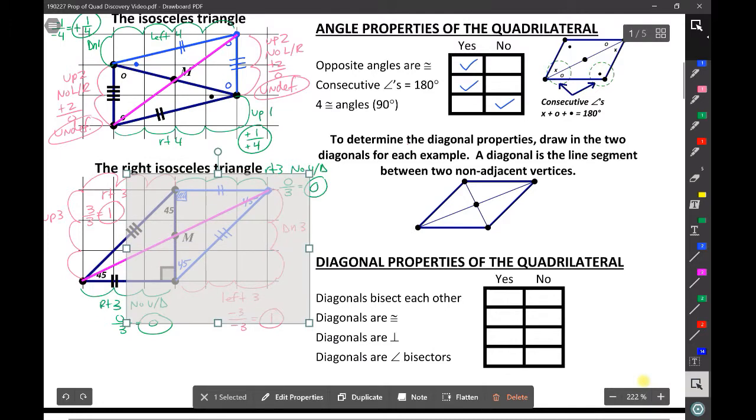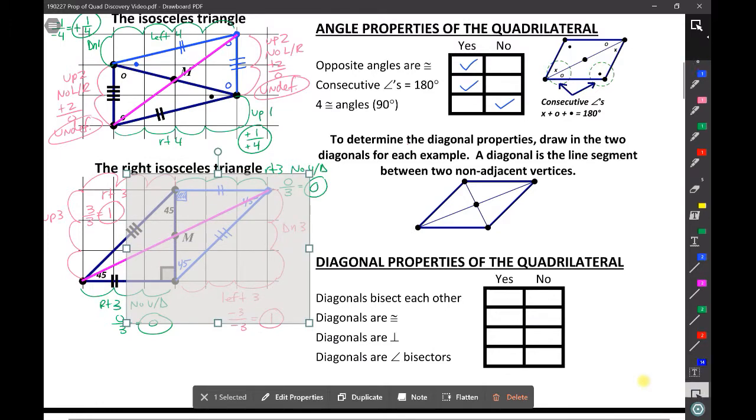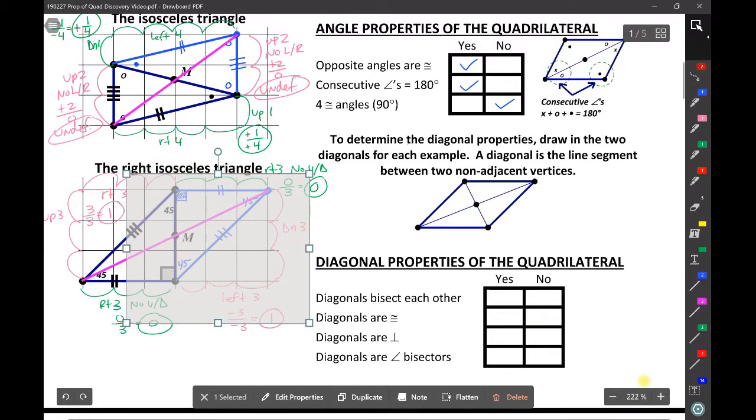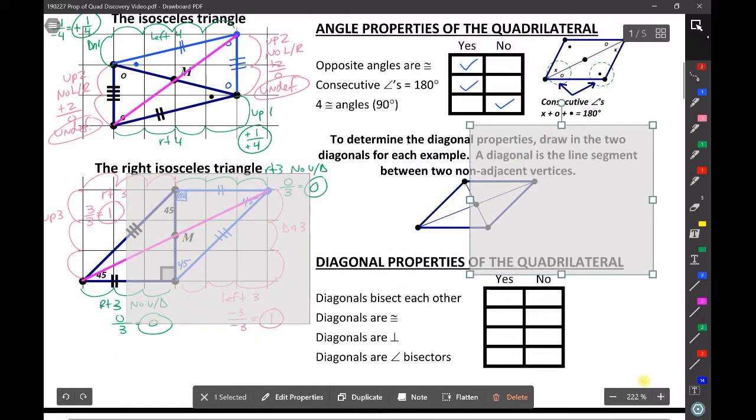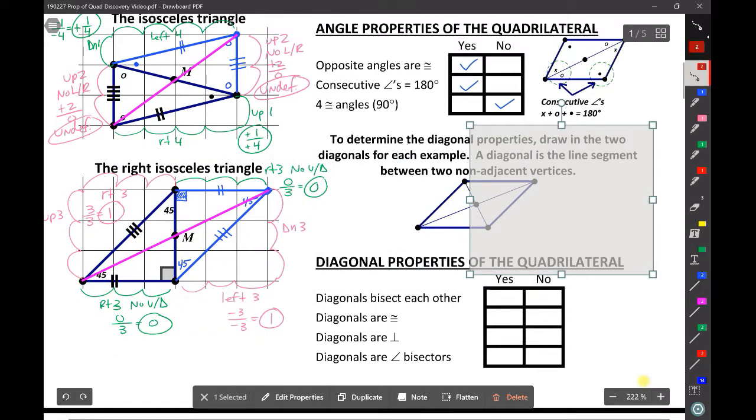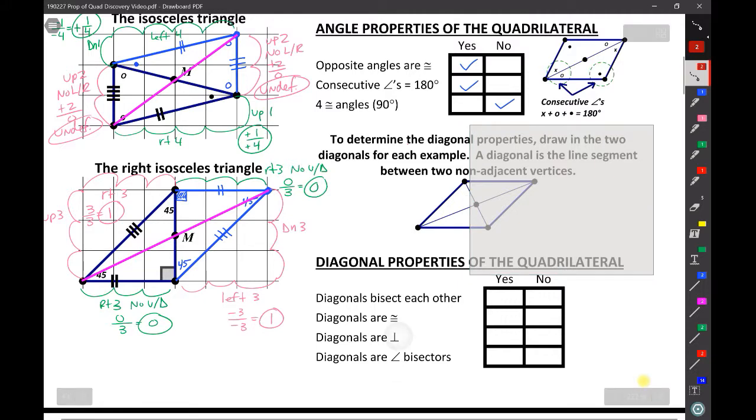If we wanted to figure out if the diagonals bisected each other here, we could just take our patty paper, put it over here, and use it to do some measuring. I'm just going to leave my patty paper over here so that I don't cloud up what I'm drawing. But you can see here, if we wanted to know, do the diagonals bisect each other?